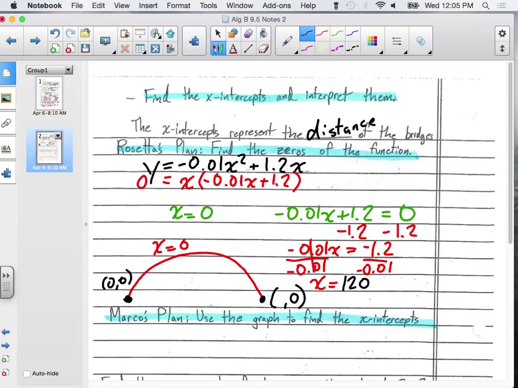Our y has to be 0. So we found x. We can't just get that randomly, so that goes right there. How long is this bridge? 120 feet long.